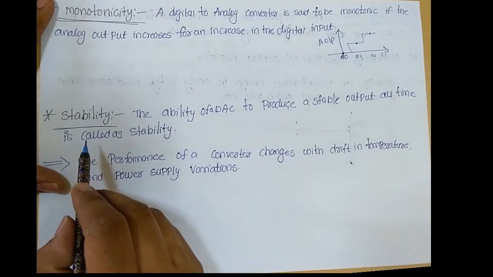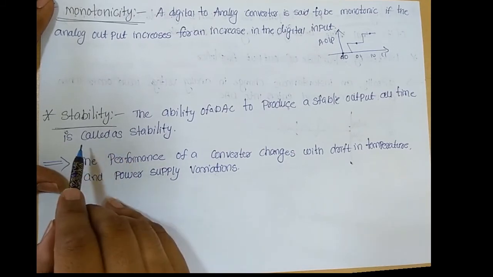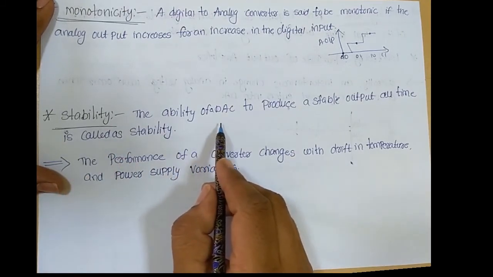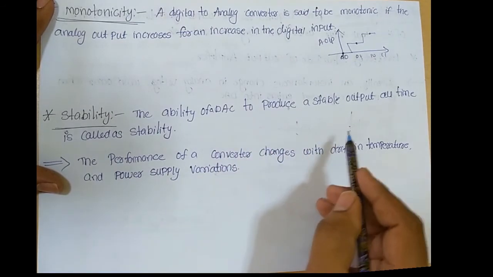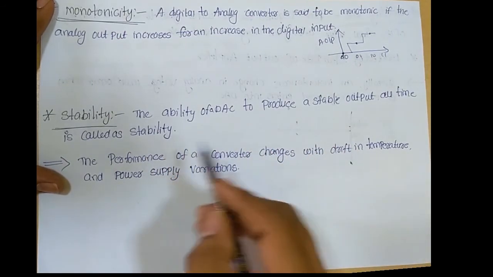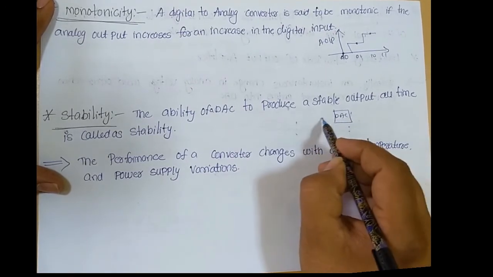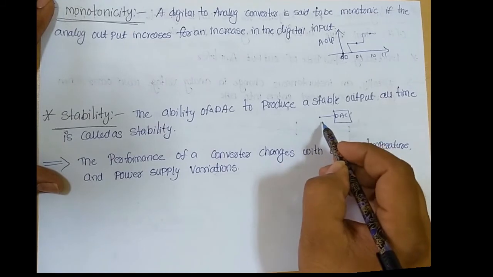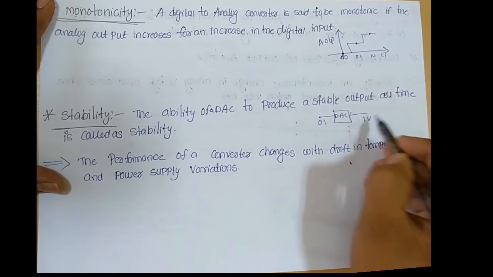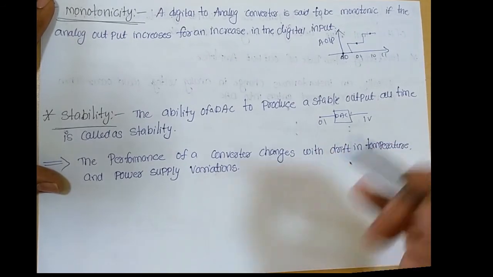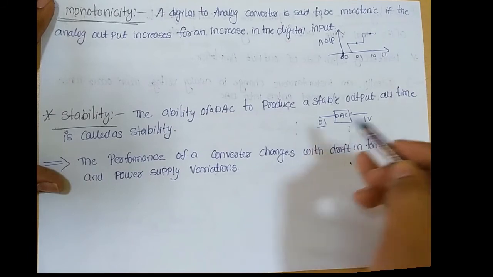Another specification of this digital to analog converter is stability. The ability of a digital to analog converter to produce a stable output at all times is called stability. For example, we consider the digital to analog converter circuit and give the input 0 1, then we get the analog output of 1 volt. After some time, again we give the same input signal, and we can expect the same output.